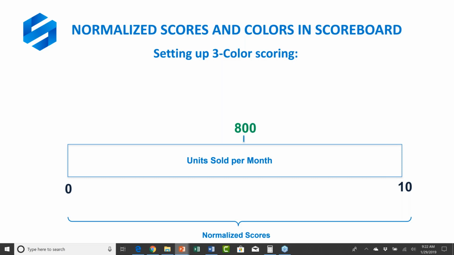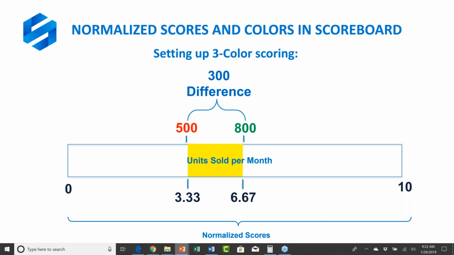So in that case, if you still want the paradigm of 3 colors, but you want control over your worst and your best, what you again do in the 3-color scoring is set it up with a goal and a red flag. Again, each of those thresholds will be aligned with the normalized score of 6.67 and 3.33. It again has a 300-unit, let's say, difference between the goal and the red flag.